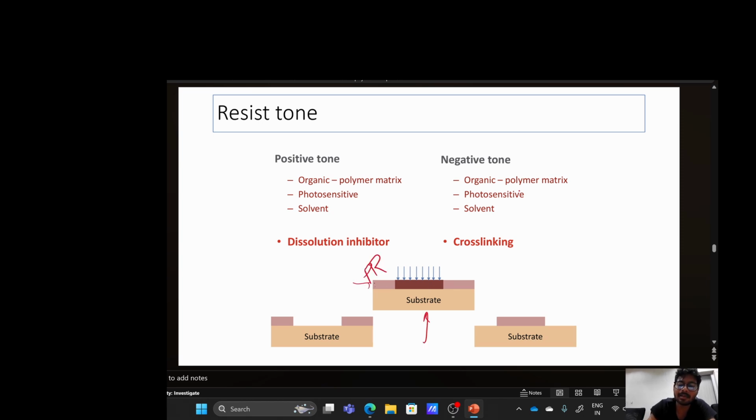After the light falls through the mask, if the exposed area is dissolving in the developer, then this is a positive photoresist. If cross-linking is happening in the exposed area, then it won't dissolve in that developer. So this is the negative tone photoresist.